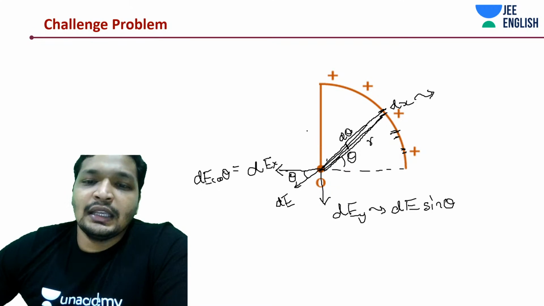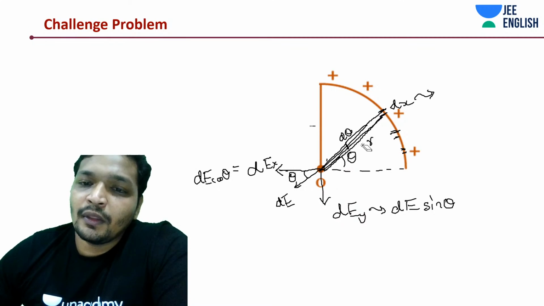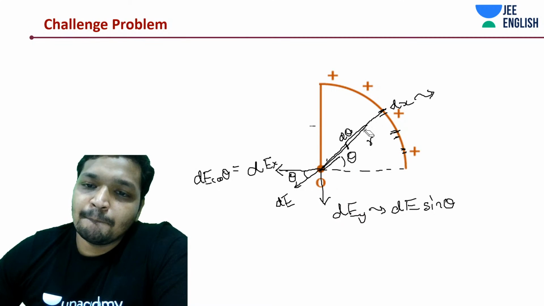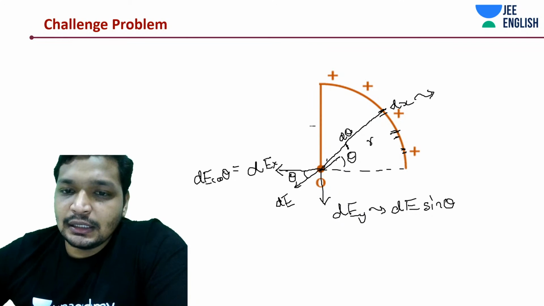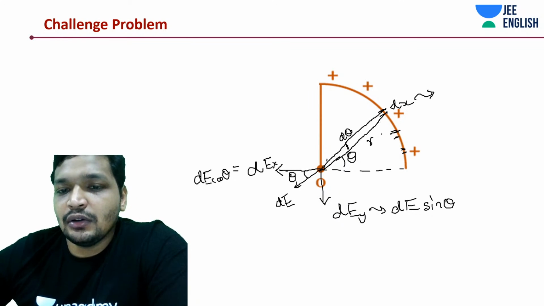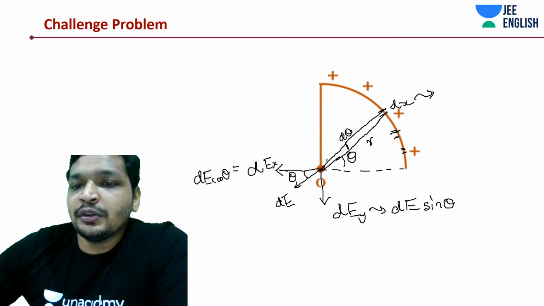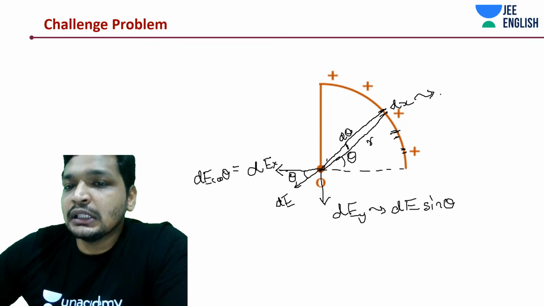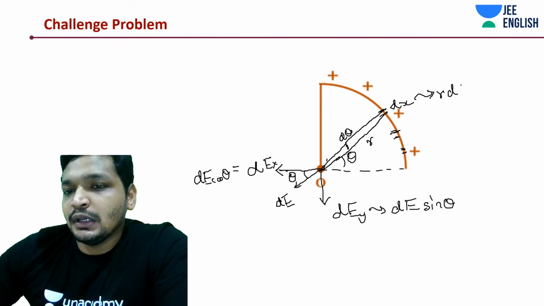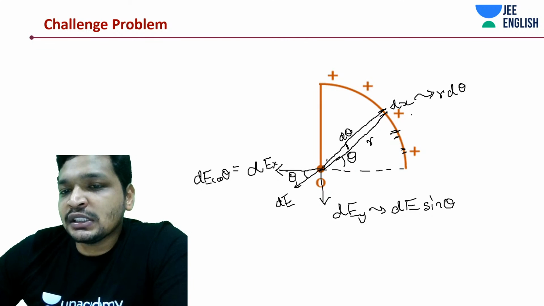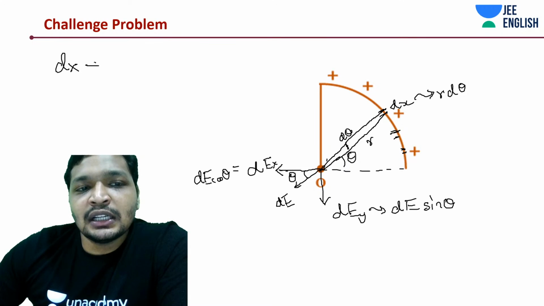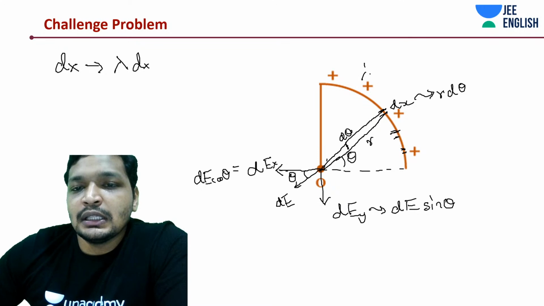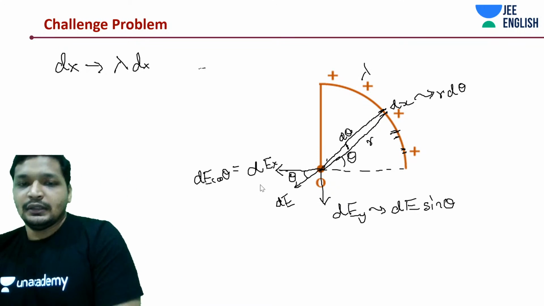So dx is r d theta. How much charge is present in dx? It's lambda into dx.